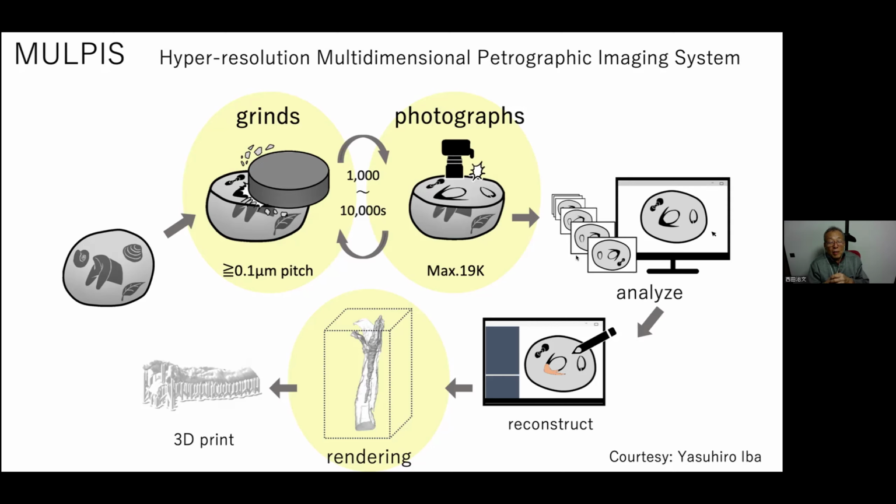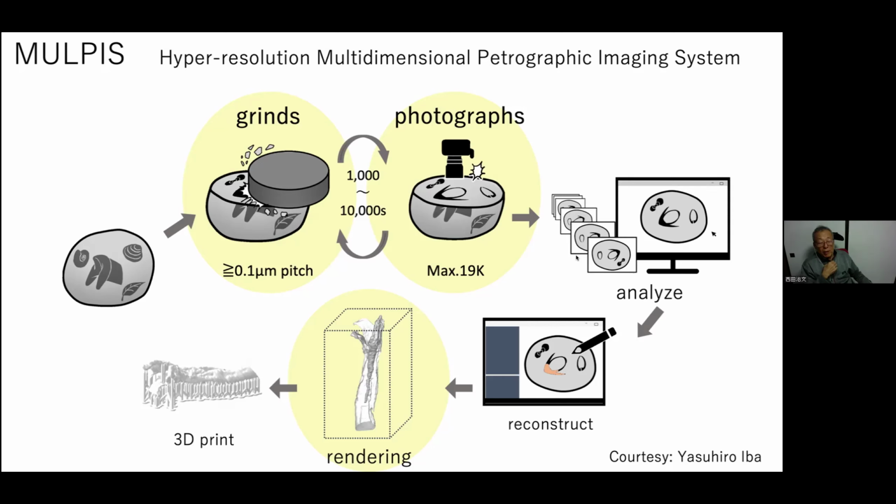So it may take several days or a week to grind a certain thickness. But is it possible to make it virtually via tomography or something, or does the material not fit this technique?